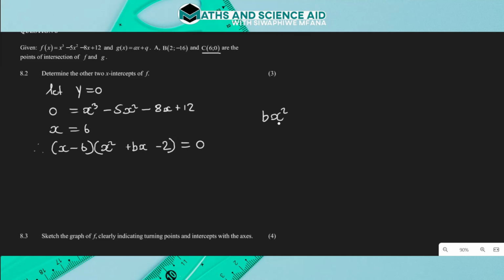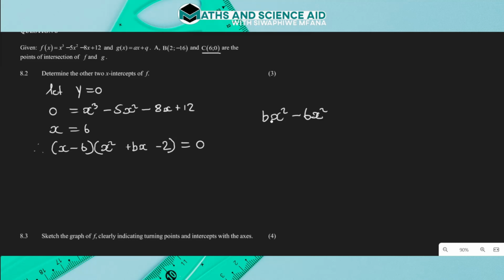Additionally, another x squared term that we can get when expanding this is when we multiply negative 6 by x squared. If we do that, we are going to get minus 6x squared. And therefore, if we now refer to our original expression, the term that corresponds to these two terms here is going to be negative 5x squared.